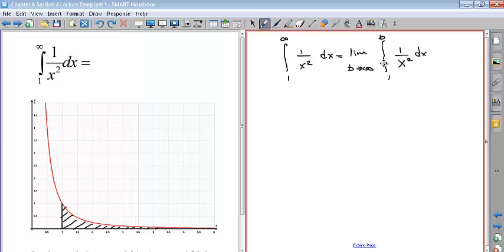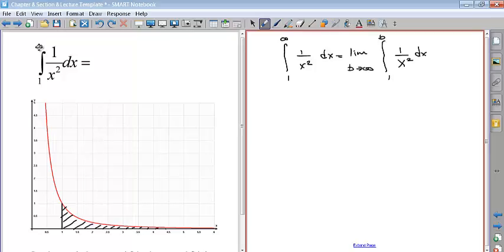And the whole idea here is that this gives me a finite answer, the integral. So we're integrating to a finite answer, but then we're letting b approach infinity. So we're doing the limit of the result of the integration, not using infinity as an upper limit, because infinity does not exist.